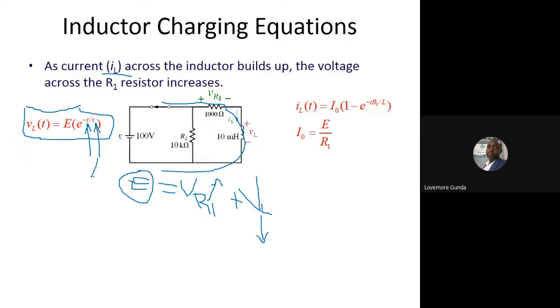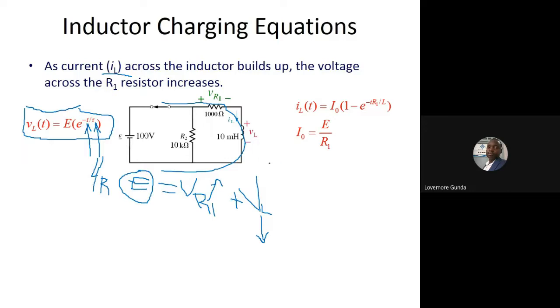Time constant is given by L over R. That is our time constant, L over R.